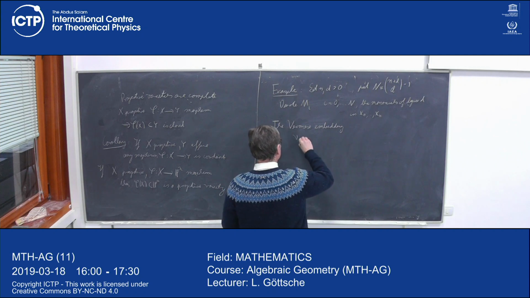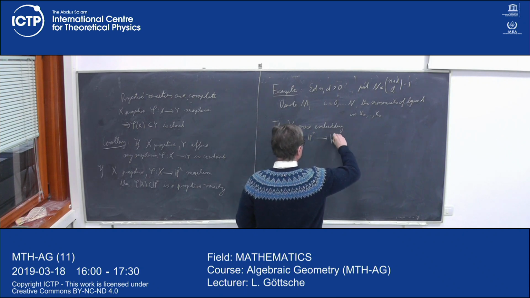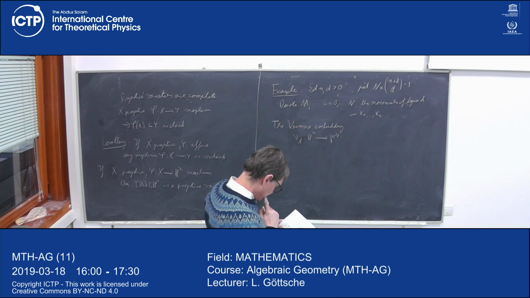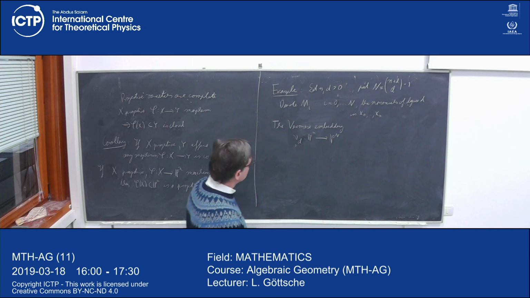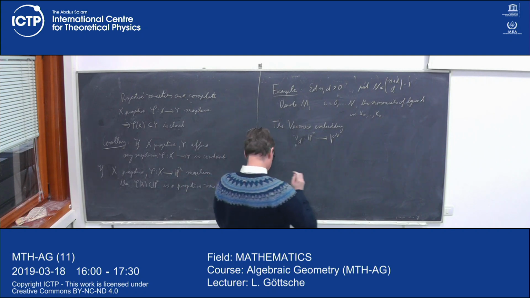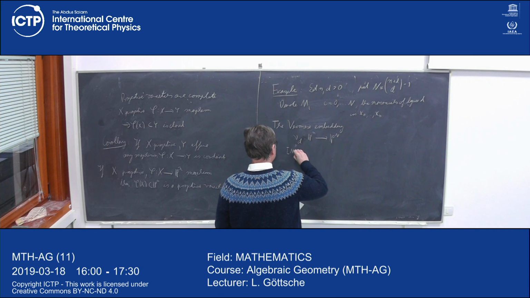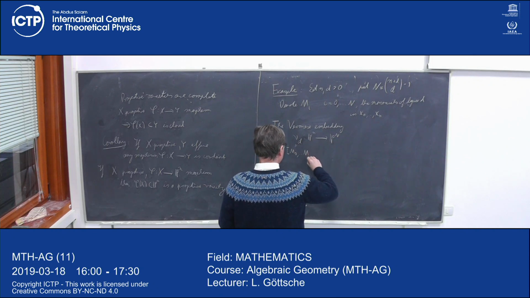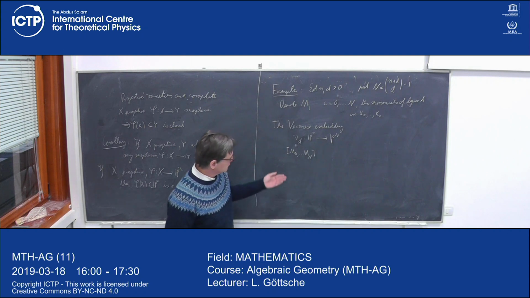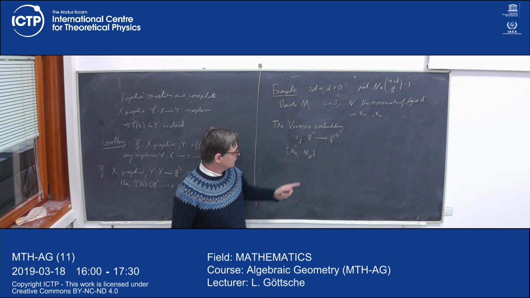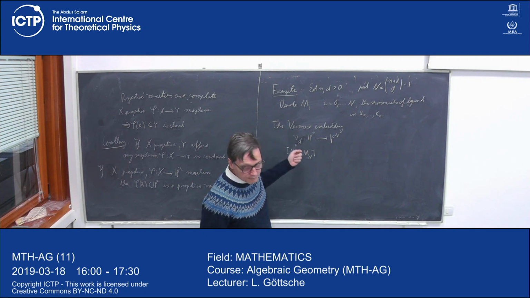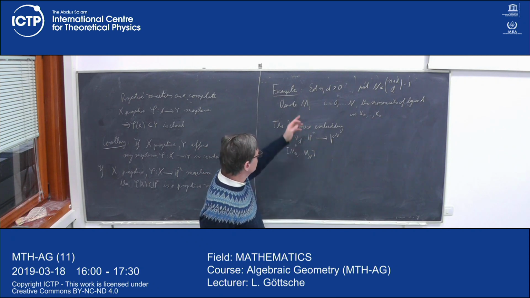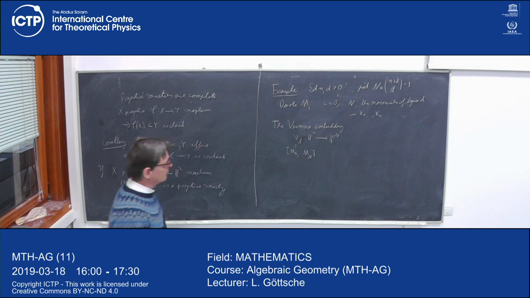ν_d from P^n to P^N, defined by, it's actually a polynomial map, so I can write it as M_0 until M_N. So every point (a_0,...,a_n) is sent to (M_0(a_0,...,a_n), and so on), where these are all the monomials of degree d.